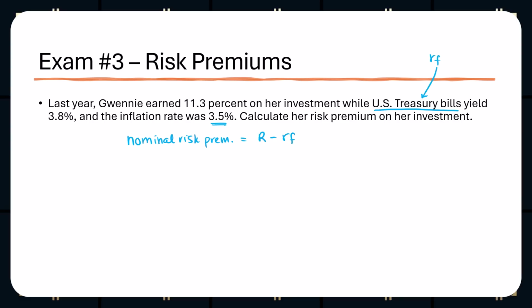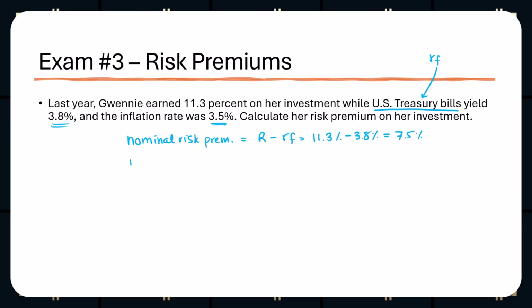And again, the risk premium is the return above the risk-free rate that you earned, or the excess return that you earned for taking on that additional risk. We're simply going to take the 11.3% and subtract off the 3.8% U.S. Treasury bill yield, and we find that our risk premium on this particular investment was 7.5%.